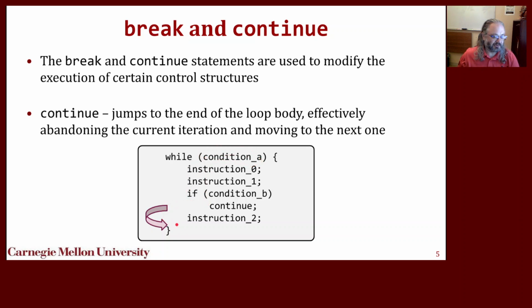So it still jumps, but rather than jumping out of the block, it jumps to the end of the block. And since you're still within the block, you're still within the while construct, and the next thing to do is to check the loop condition. So both continue and break can potentially be useful. They both have their places where they can be used. Just directly jumping to particular locations, which is either the end of the loop body or one after the end of the loop body.